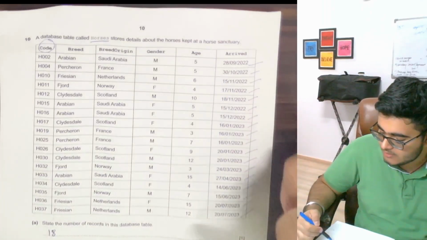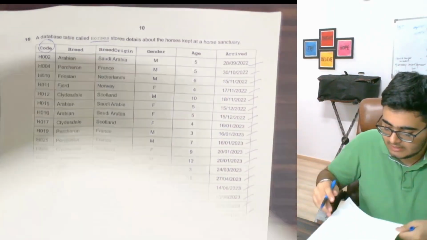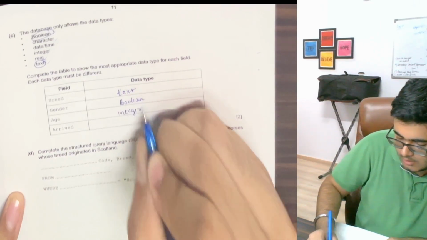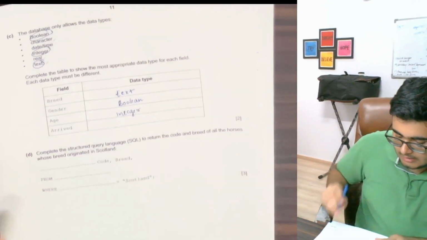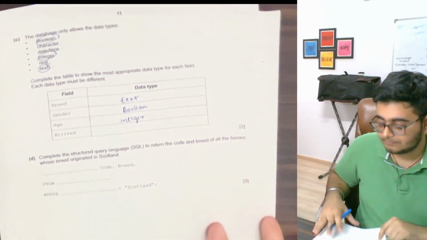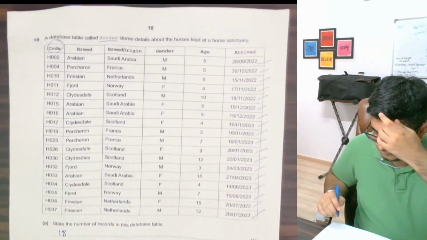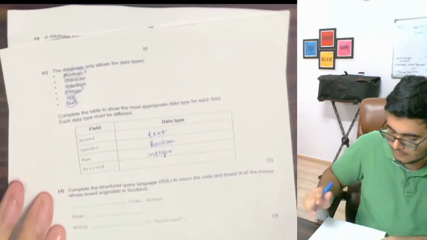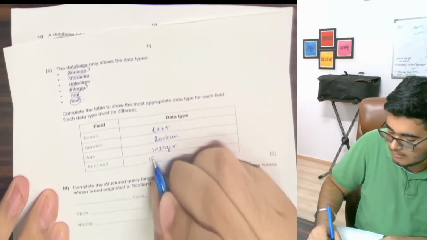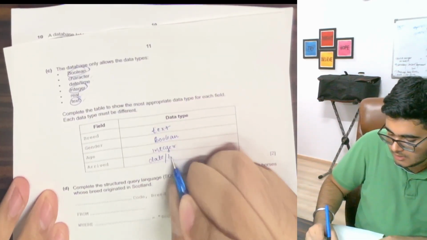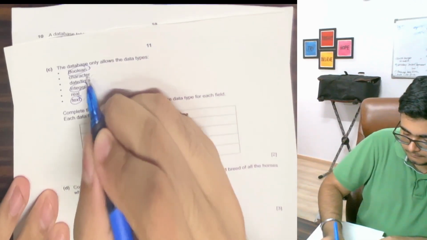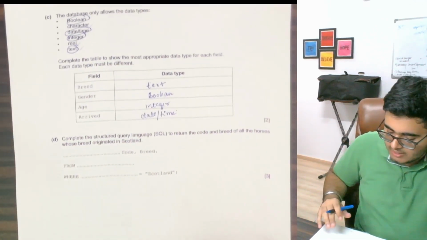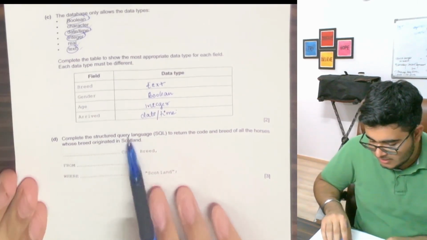Age is in numbers with no decimals, so we'll use integer. Arrived. So this is date/time.